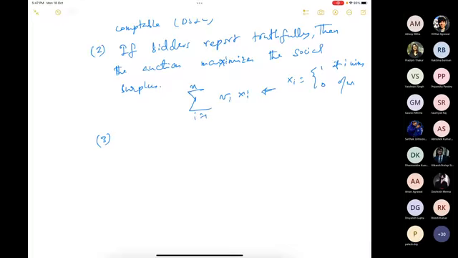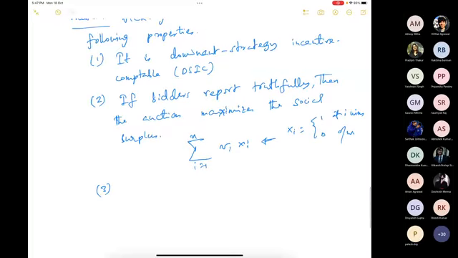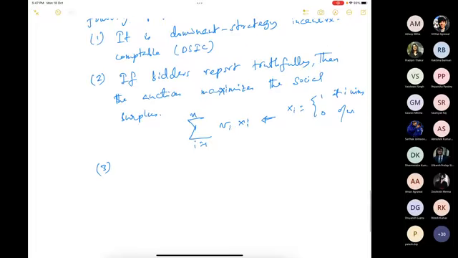Okay, and then the third property is computational efficiency. You can design an awesome auction, but if it is so computationally heavy that deciding a winner takes one year of computation on a supercomputer, then it is not worthy. So computational efficiency is also important. And as you can see here, the rule for deciding the winner and the rule for deciding who will pay how much is so simple that it can be implemented in linear time.